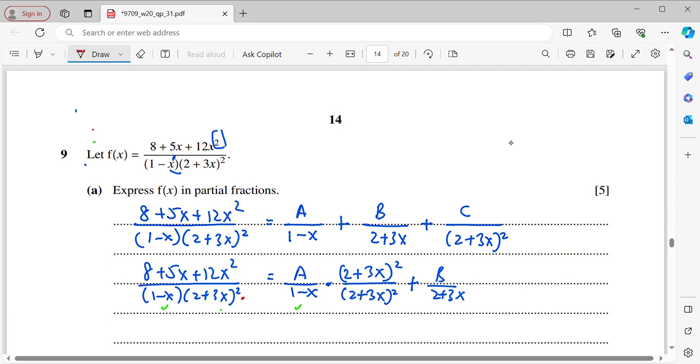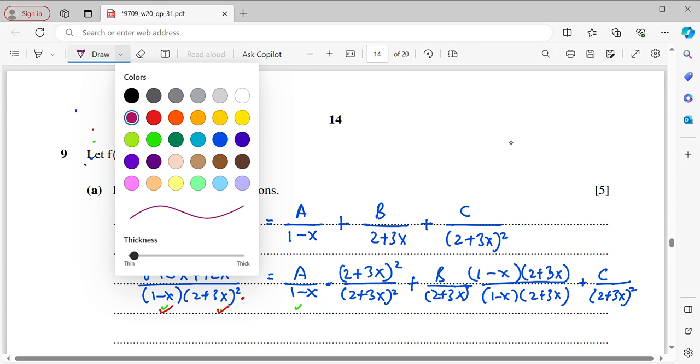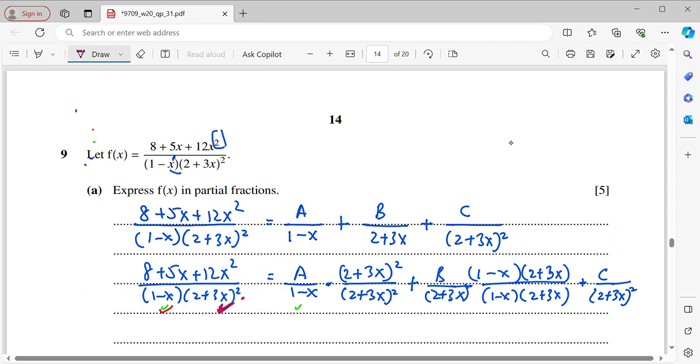Here degree 1 means that we need degree 1 in this term, so I will multiply with 1 minus x multiplied with 2 plus 3x. Same for the last term, C over (2 plus 3x) squared, you need to multiply with 1 minus x.